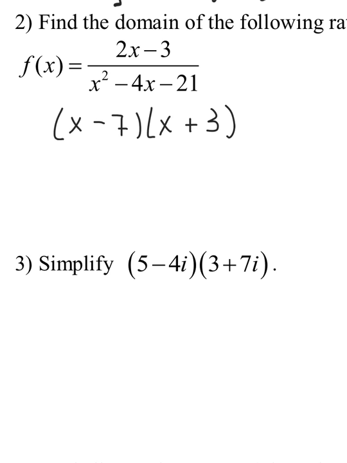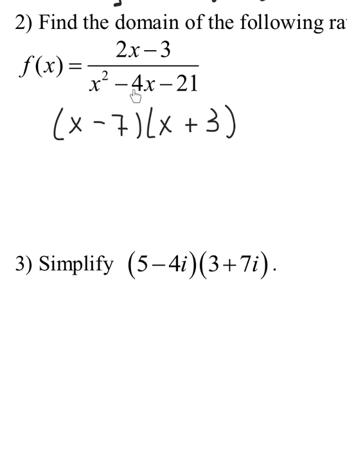All right, so the two factors I'm going to use are x minus 7 and x plus 3. The way I got these two factors was I looked for the factors of 21, the numbers that multiply to give me 21 and also add to give me negative 4.